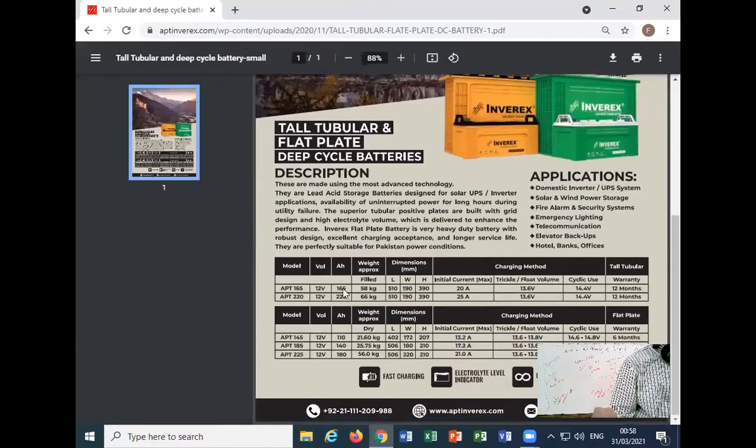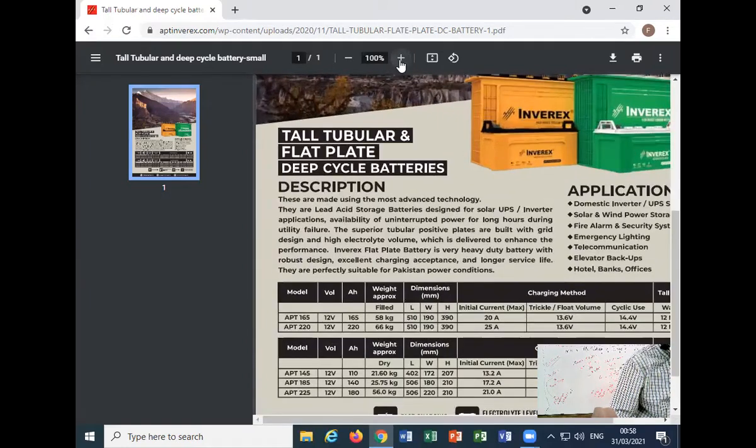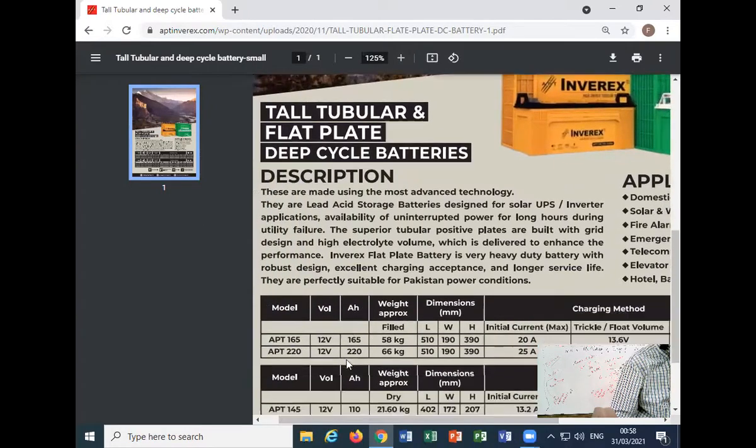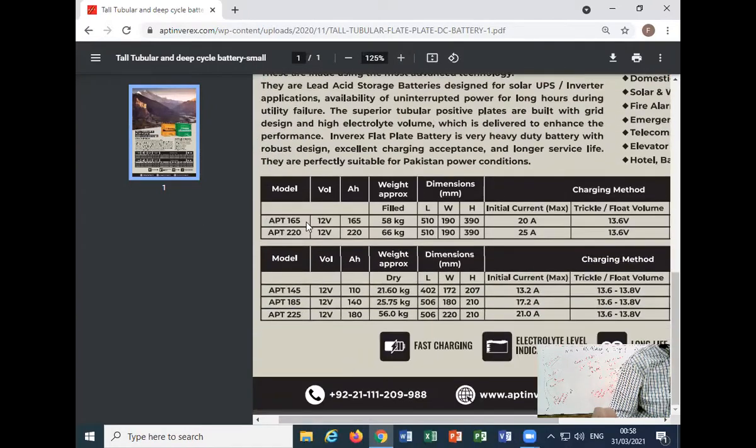Now look what they have mentioned. They have mentioned this is a 12 volt battery. I'm reading the model number, APT165. Let me zoom in a bit. Now look, this is the model number.